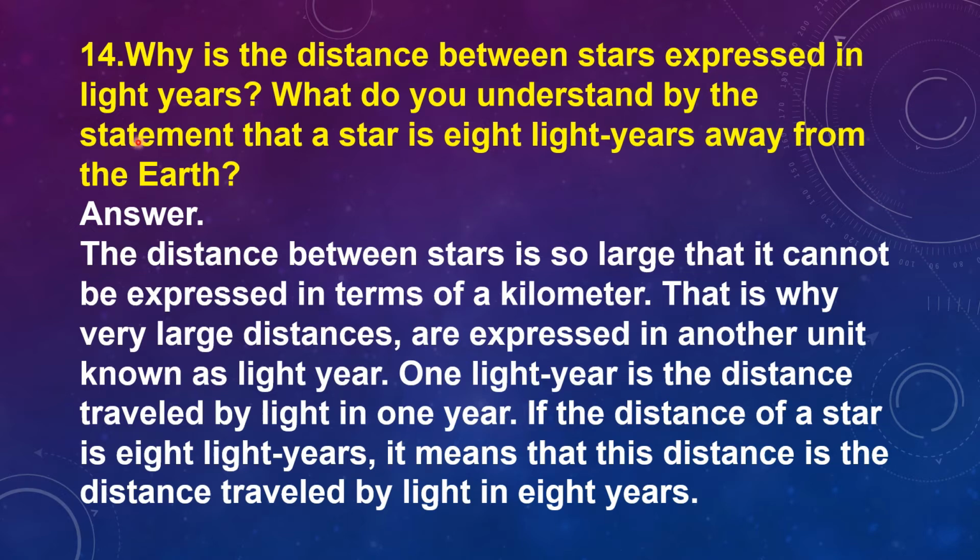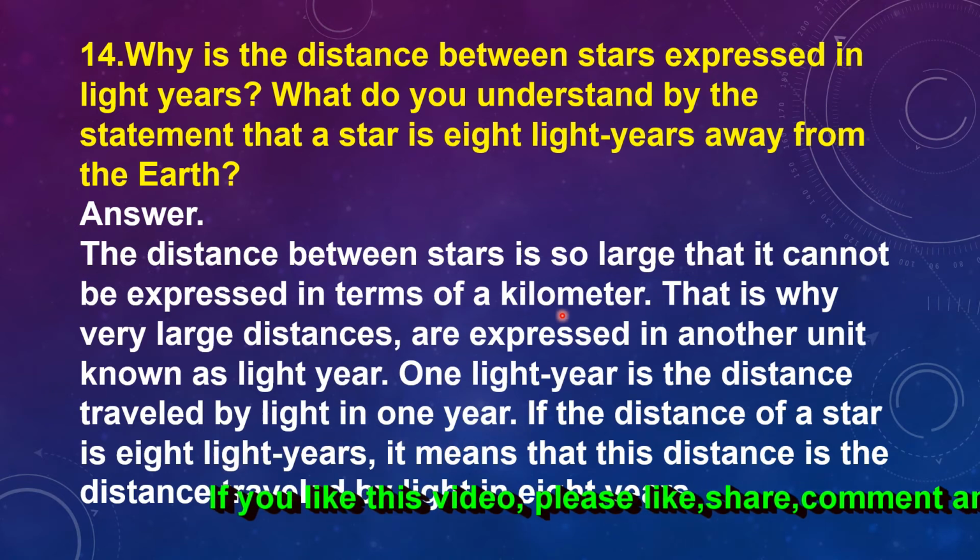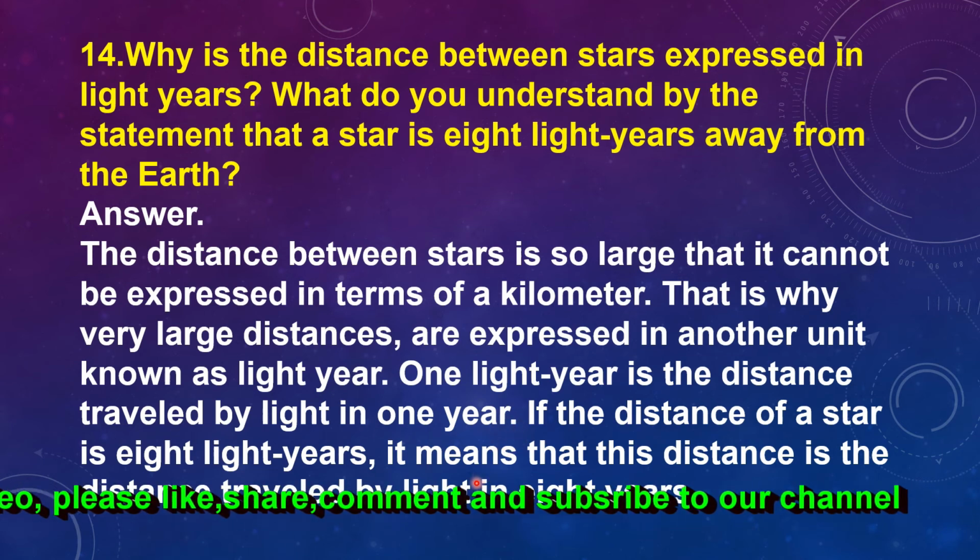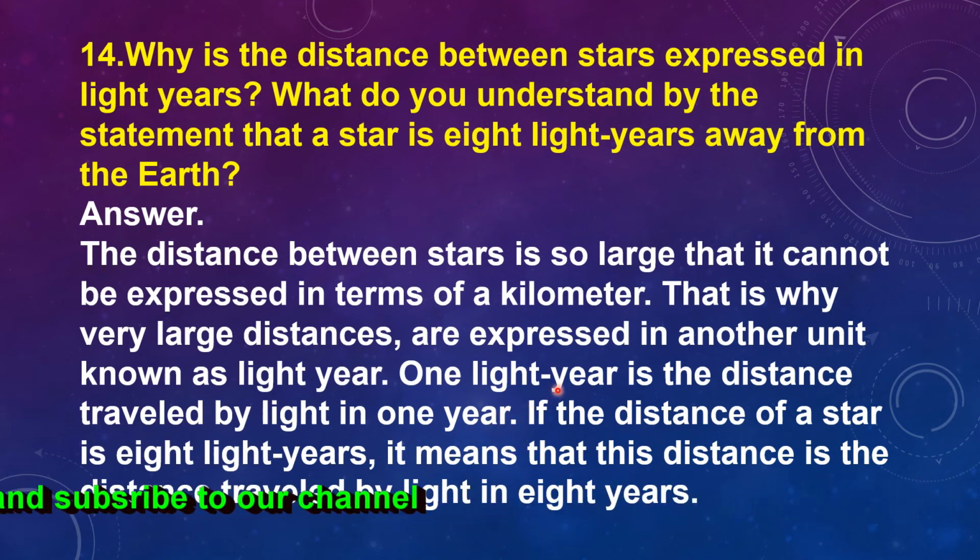The distance between stars is so large that it cannot be expressed in kilometers, so very large distances are expressed in another unit known as the light year. One light year is 9.46 into 10 to the power of 12 kilometers.